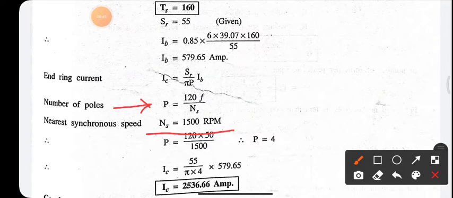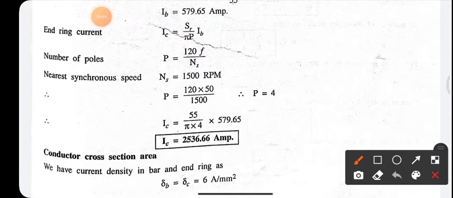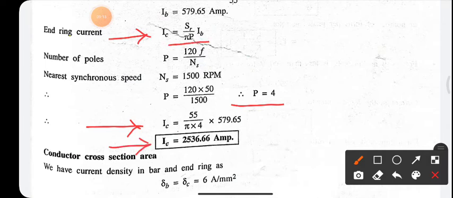In the book they have found the number of poles, but here the number of poles is already given to us, that is 4.